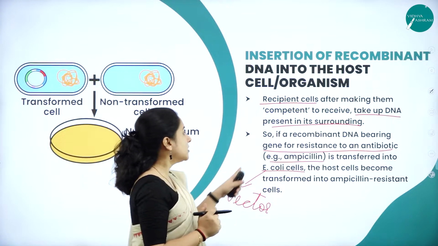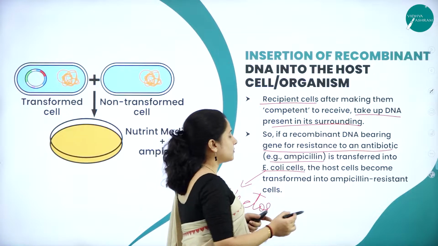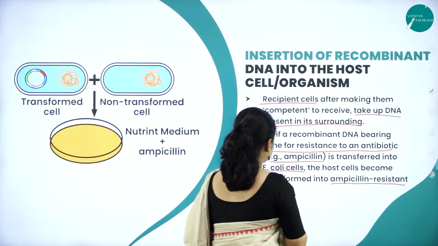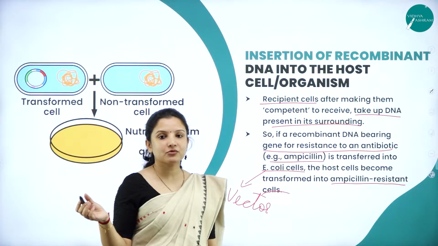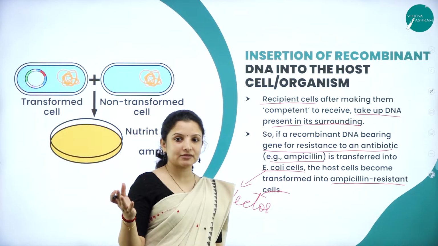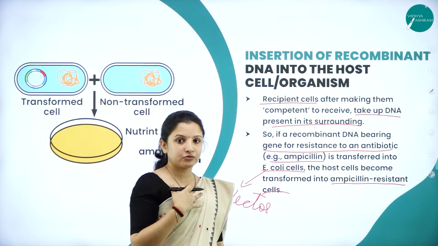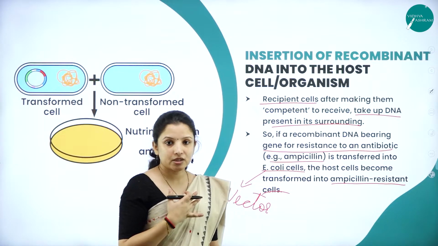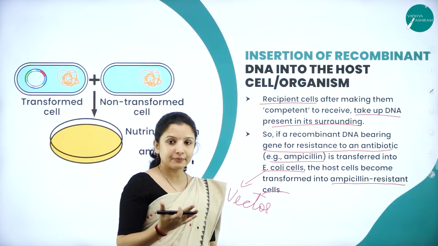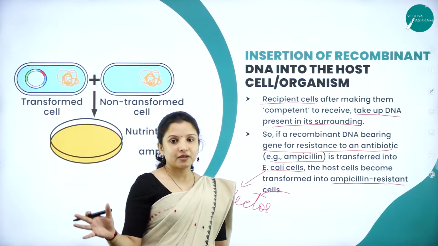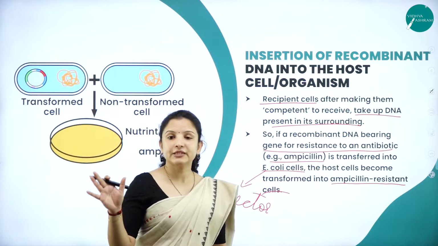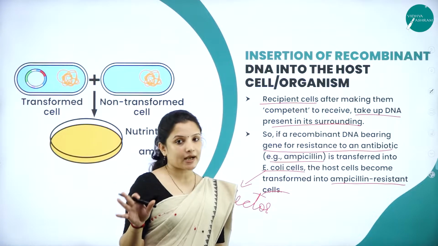So the host cells become transformed into ampicillin resistant cells. Why did the host cell become transformed into an ampicillin resistant cell? Because the recombinant DNA which we are using has the capability to show resistance towards ampicillin. So that is why this particular host also develops resistance against the ampicillin antibiotic.